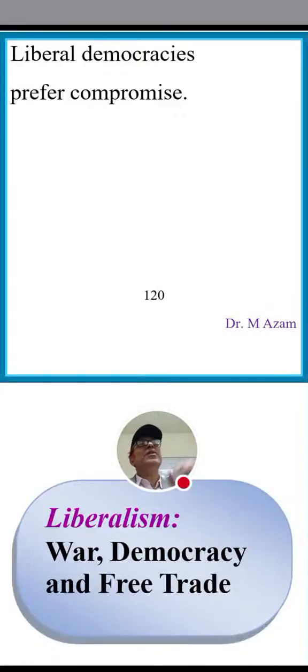Democratic deals are good. When you go to a shop, you want to buy a suit, a dress. The shopkeeper demands 5,000. You may say no, it is worth 2,000. I will pay 2,000, and you start bargaining. In fact, you are dealing with the shopkeeper.